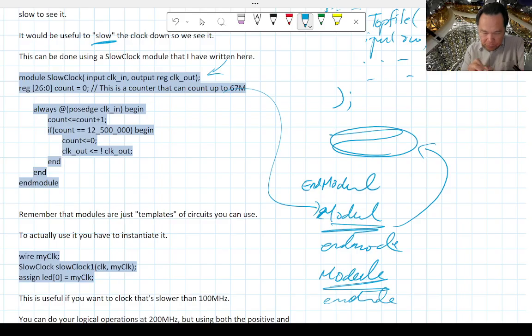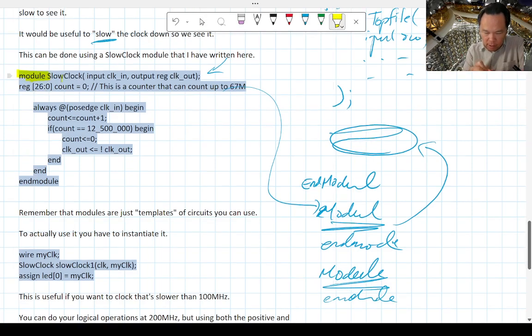Okay. So this is defined as module, right? And then I have to give it a name. I'm going to call it SlowClock, just spelled out. No space is allowed. I think you could put an underscore there if you want, but I just like this, capital S, capital C, you can see that as a slow clock. And you give it two different things.